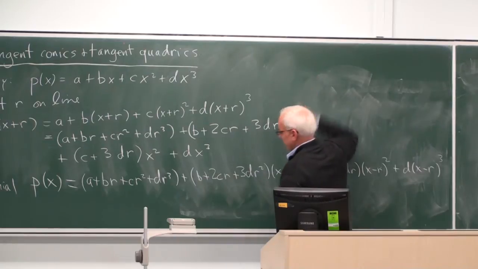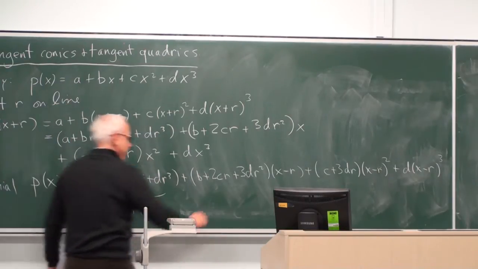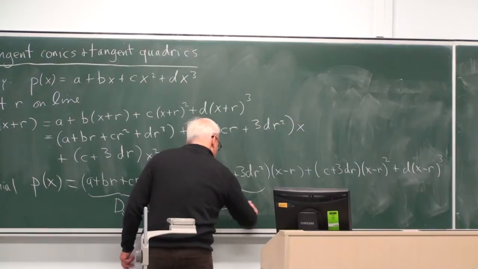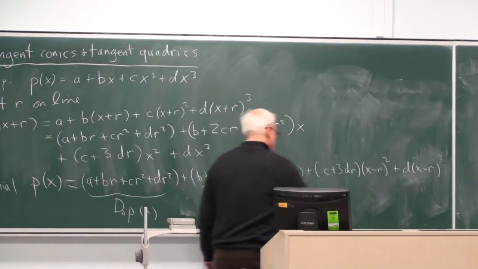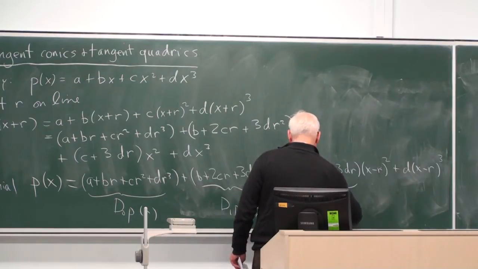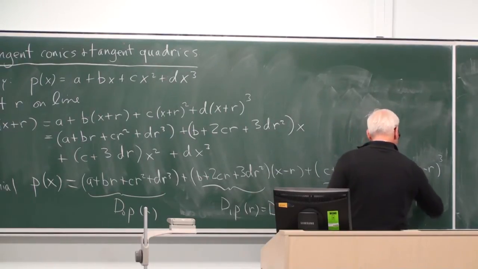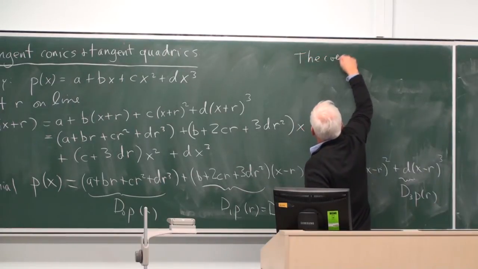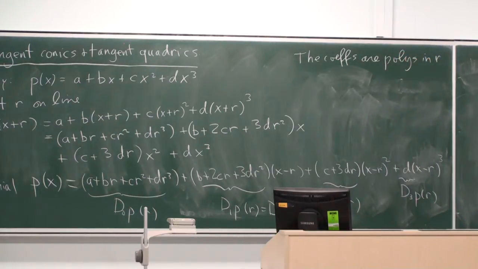So this thing here is D0 of P evaluated at R. This one here is D1 of P at R, which is just the same as the ordinary derivative of P at R. This one here is what we're going to call D2 of P of R. And this one is D3 P of R. So these coefficients are polynomials in R that are derived from P by essentially differentiation, but they're not exactly the usual derivatives.